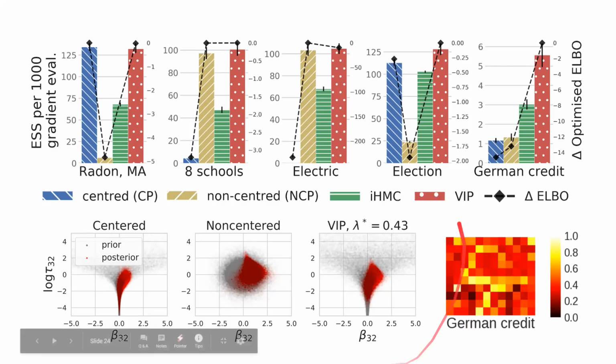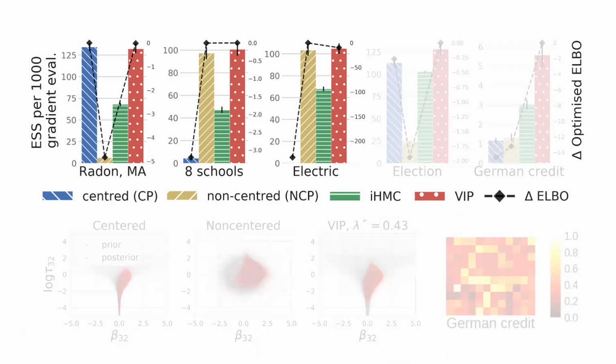And here the green one is an interleaved HMC, which is an interleaved version between centered and non-centered parameterization, where you kind of take one step in centered parameterization and then transform to non-centered and take one step there, something like this. So you interleave the two.